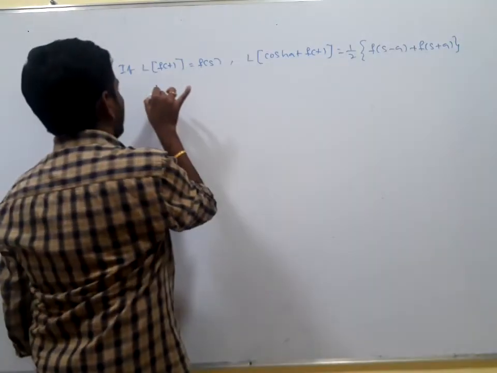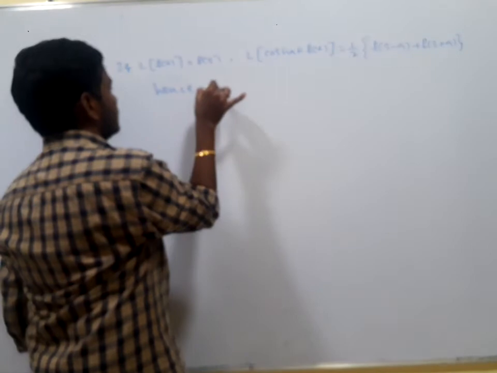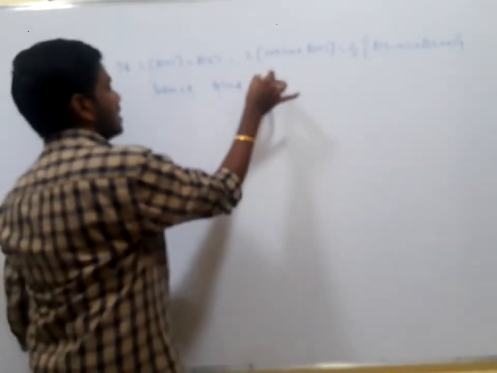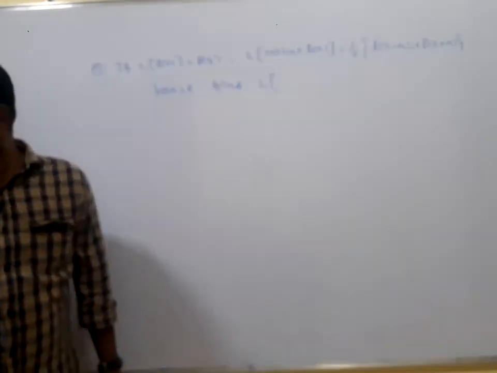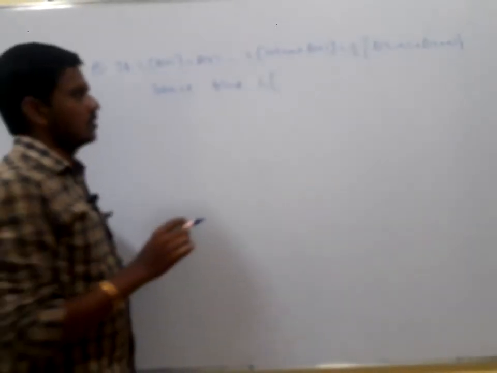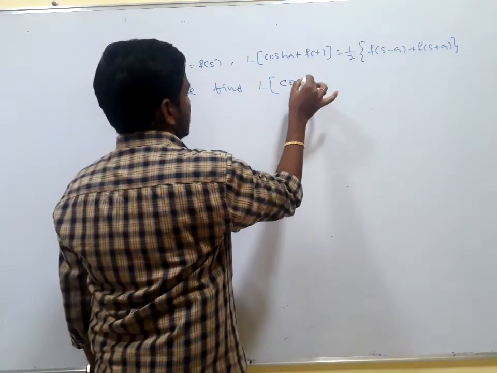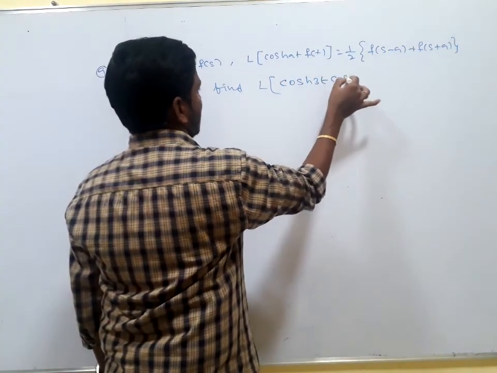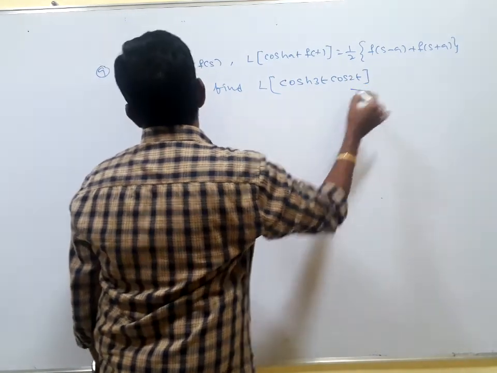Hence find the Laplace transform of cosh 3t cos 2t. Yes, you can solve it.